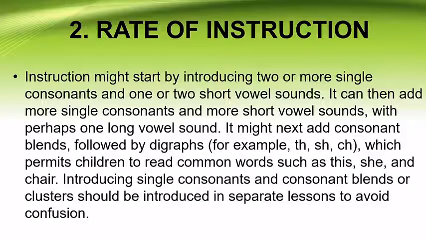In rate of instruction, the teacher must not combine 2 letters that are very confusing, because the learners might be confused by those 2 letters, such as letter D and letter B. By just looking at the 2 letters, the learners will be confused by those small letters.